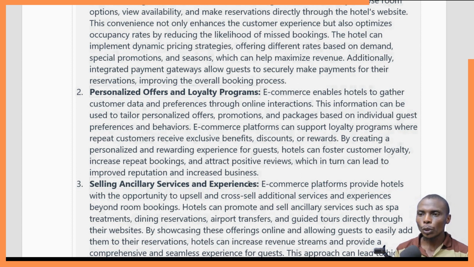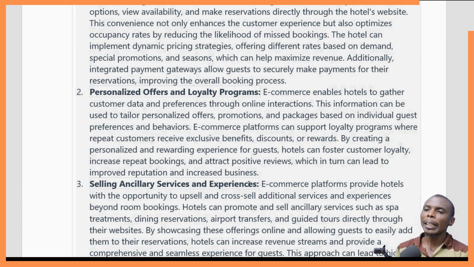And this information can be used to tailor personalized offers, maybe promotions and packages based on individual preference and behavior. So this can really help the business in getting more customer feedback, and they can even get more customers because of better or improved experiences.